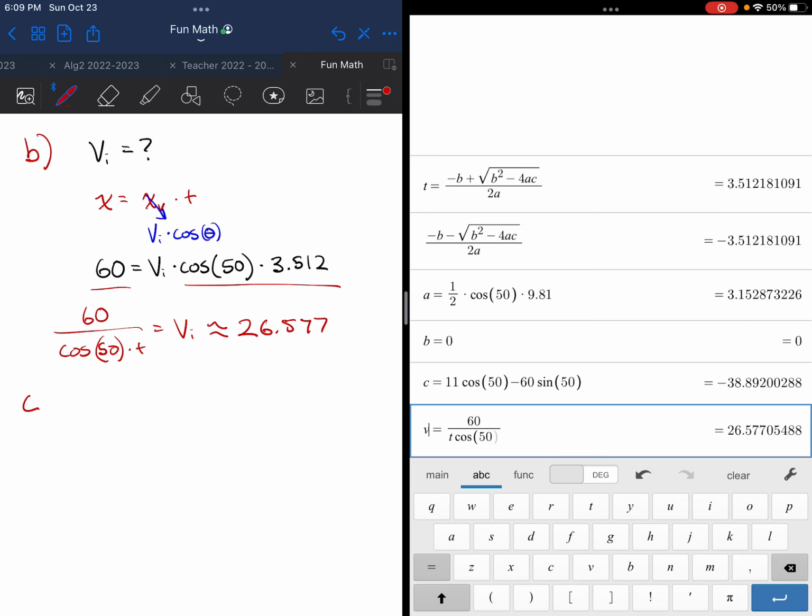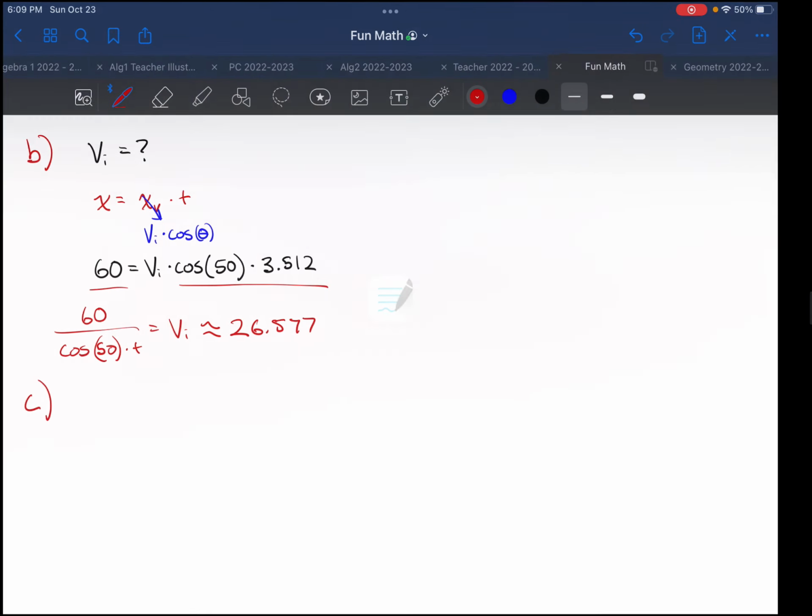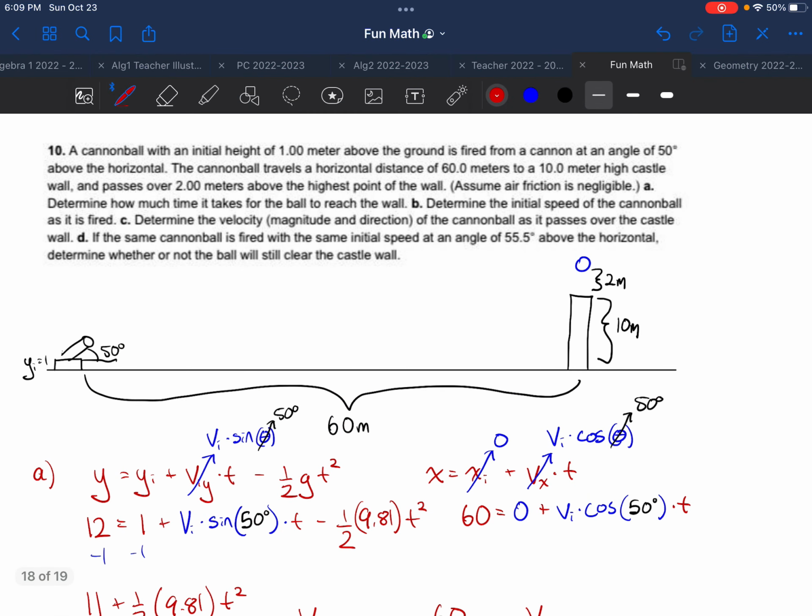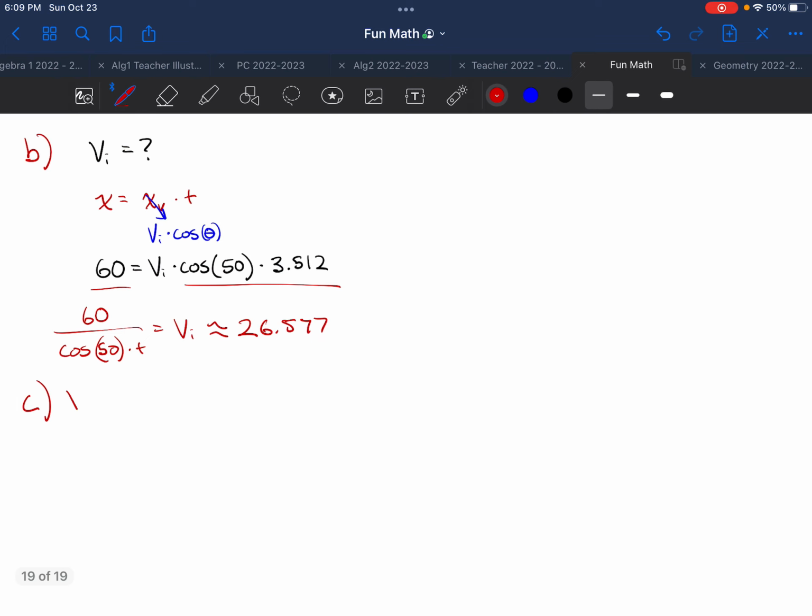Then I can move on to part C, which is the one I was getting mixed up with for part B. Part C is asking for the velocity as it passes over the castle wall. The velocity for x is going to be the same no matter what: it's always your initial velocity times cosine of your angle.